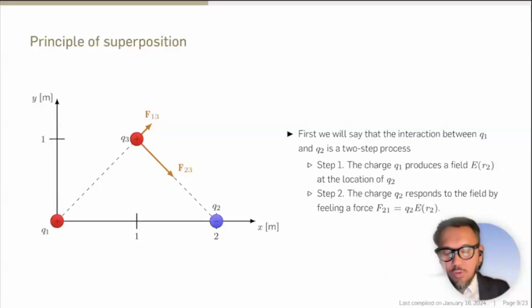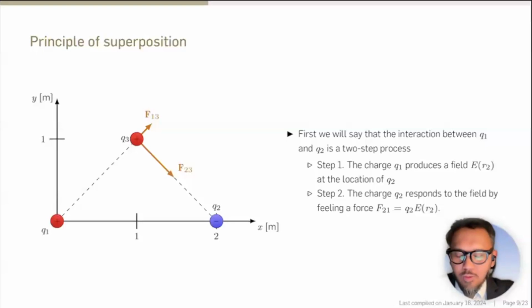All right, so basically, what is the principle of superposition? Principle of superposition, basically, we can approximate the solution only by adding the vectors from all pair interactions.